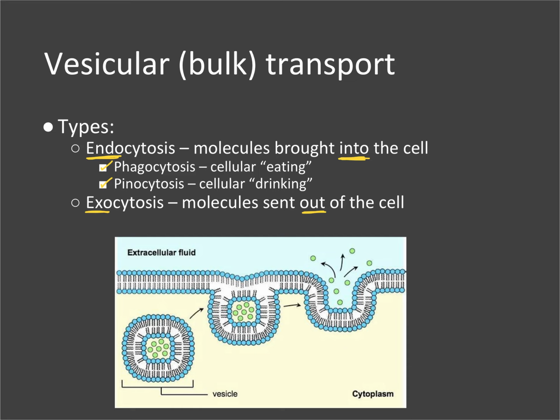Phagocytosis is considered cellular eating, meaning that whatever is being brought into the cell is typically big and solid. Pinocytosis is where a liquid is being brought into the vesicle, but the concept is pretty much the same: something is being pulled into one of these vesicles. Exocytosis is just something inside a vesicle that is being sent out of the cell.